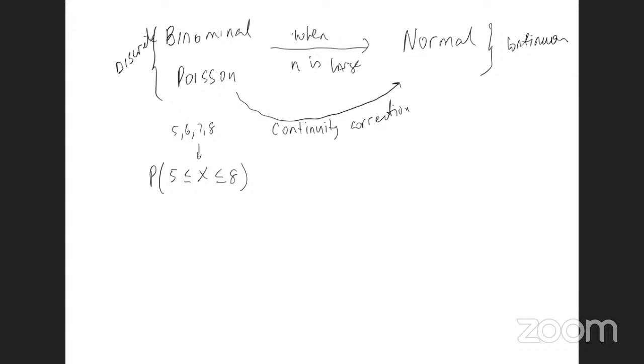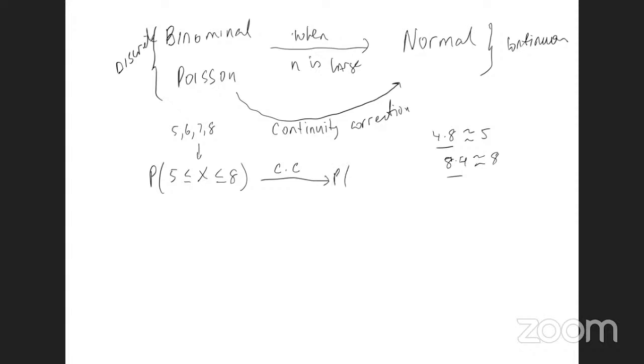But these values are discrete values. So what we need now is to include all the possible values if it were continuous. It means we have to include something like 4.8, which would approximate to 5, and 8.4, which would approximate to 8. So we have to cater for all these values. When you apply continuity correction, you have to cater for all the values that will still give you 5 and 8, or 6 and 7.